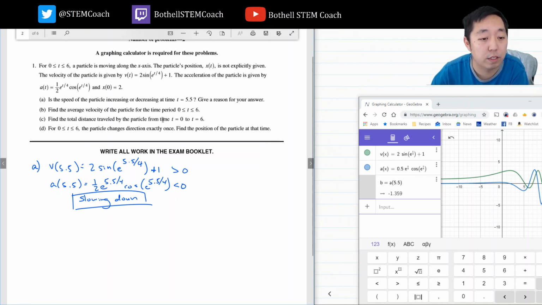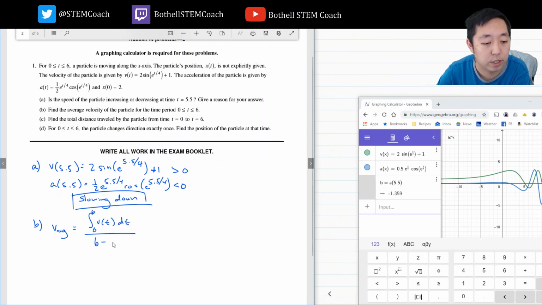Find the average velocity of the particle over the time period. The simplest way to do the average velocity is change in position over time. So v average is always the change in position over time. The change in position would be the integral from 0 to 6 of v(t) dt, all divided by 6 minus 0.